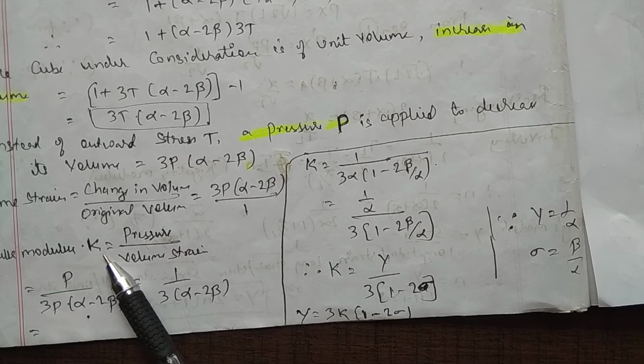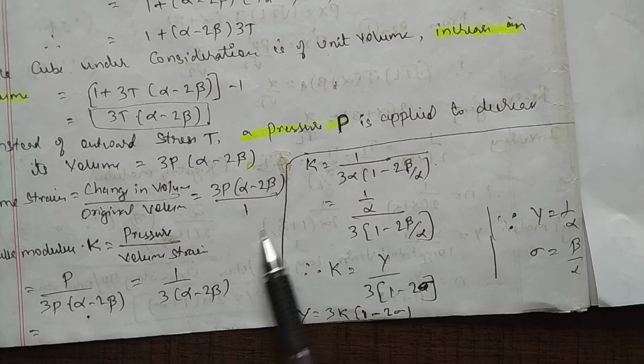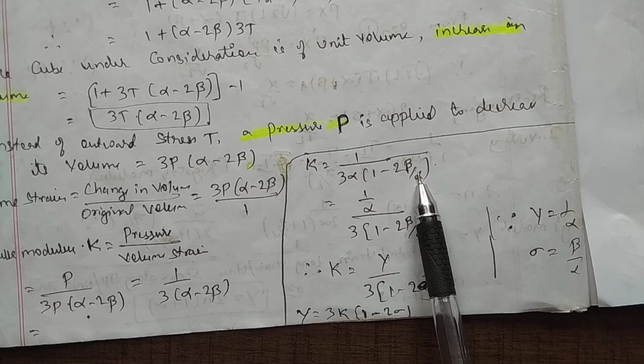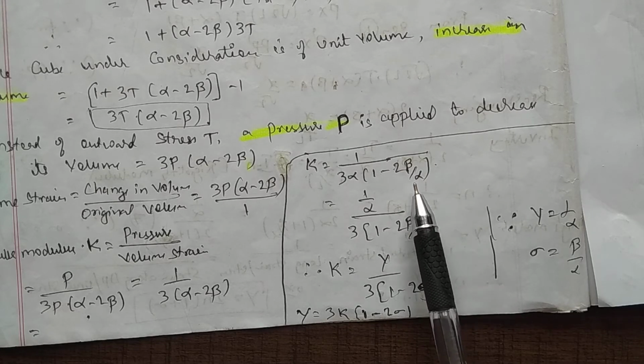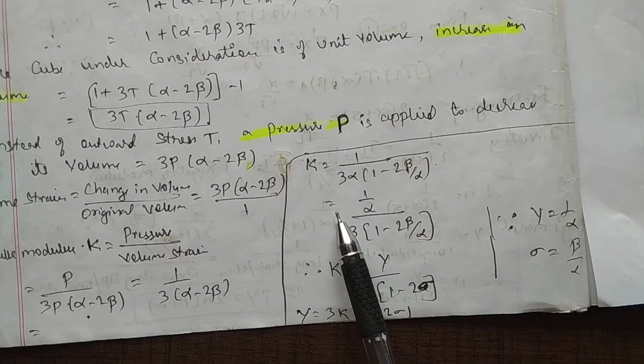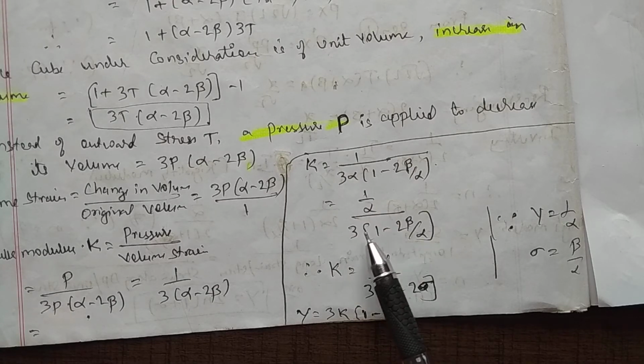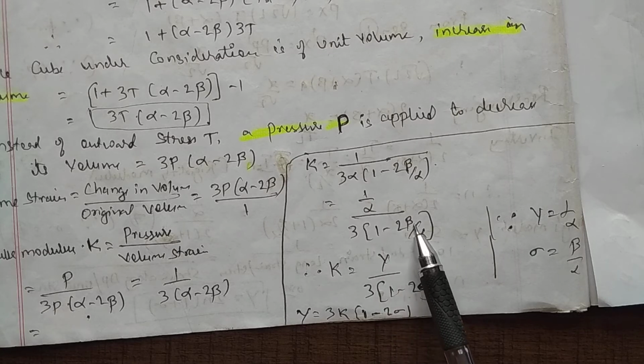Now this K is equal to 1 by 3 alpha. If you take alpha outside, it will be 3 alpha into bracket 1 minus 2 beta by alpha. So the alpha is taken to the numerator, that is 1 by alpha divided by 3 into 1 minus 2 beta by alpha.